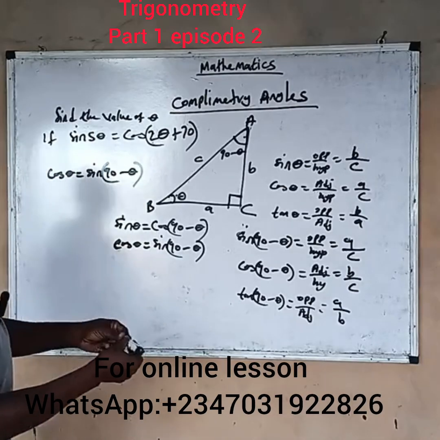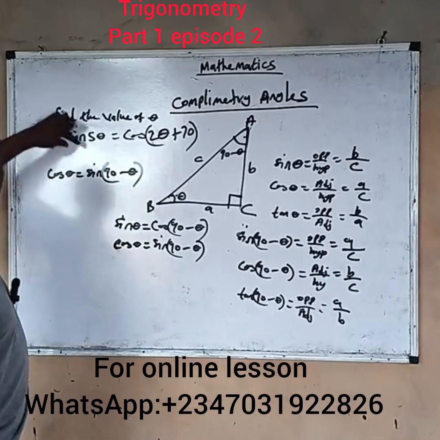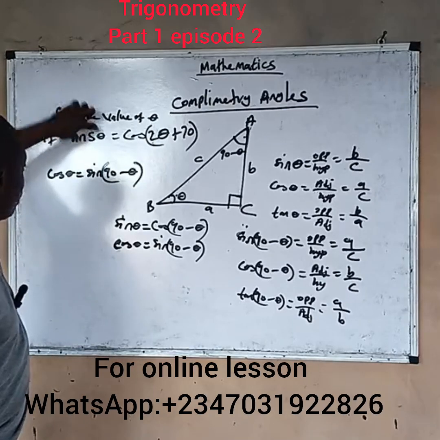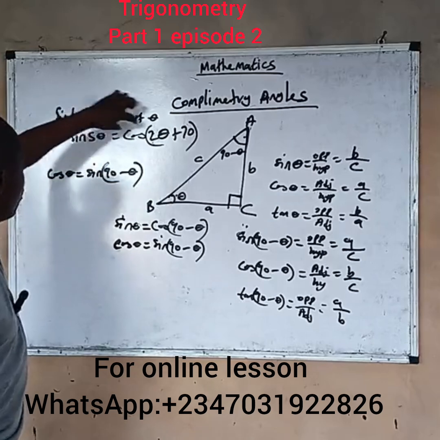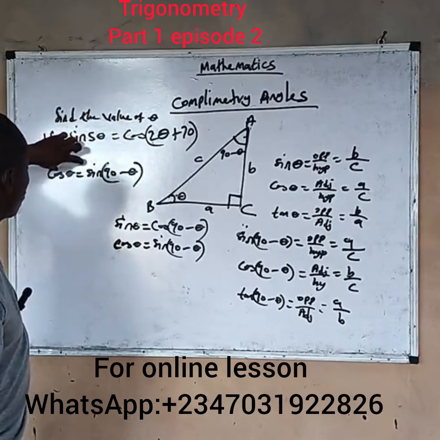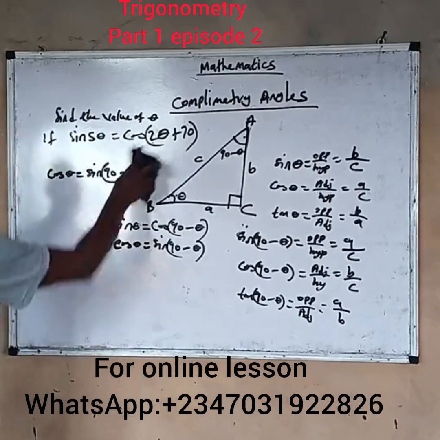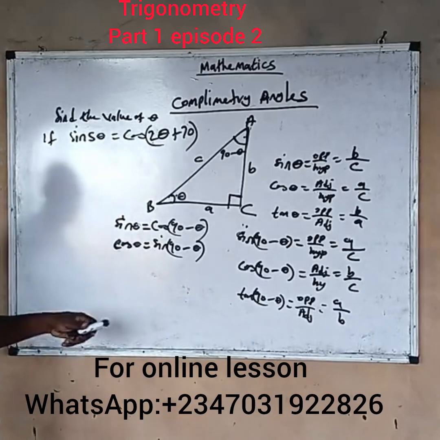But if I want here to be sine, I will pick cos theta is equal to sine 90 minus theta. I can still use the other one, but it will be shorter if we apply this one.